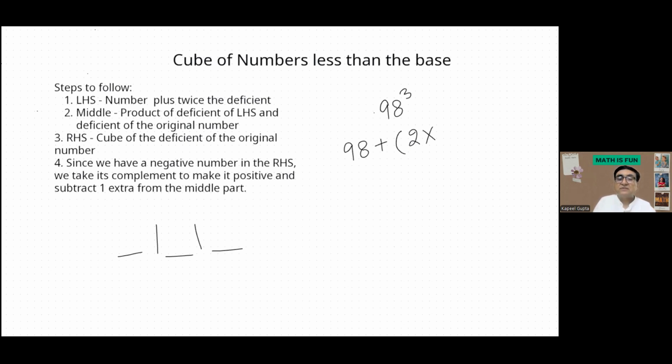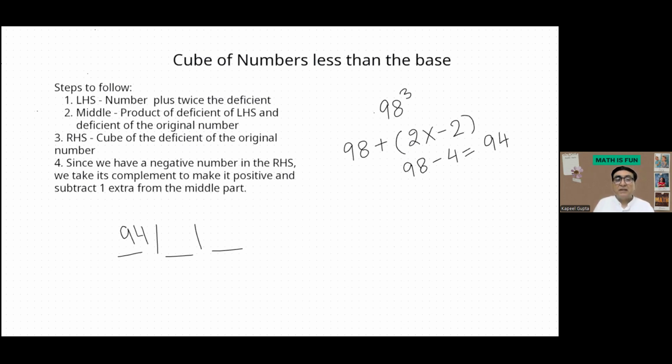So that means I multiply this, so it becomes 98 minus 4. So my first part becomes 94. So let me write it down here because that is the left hand side. So I get the first part.